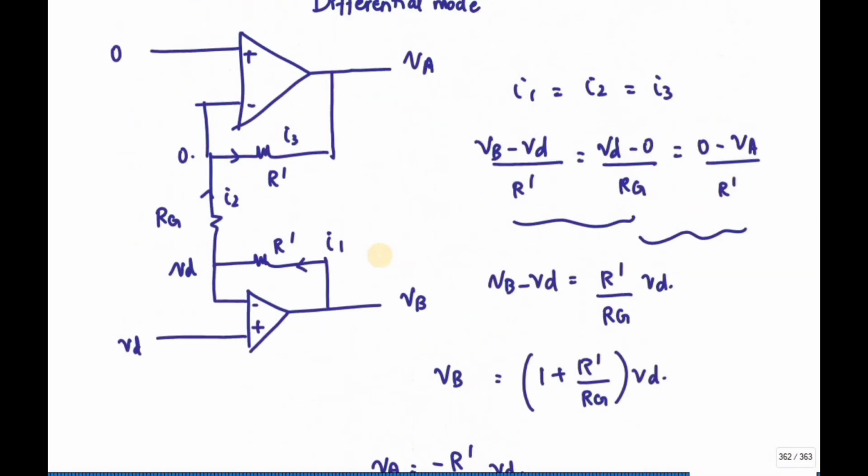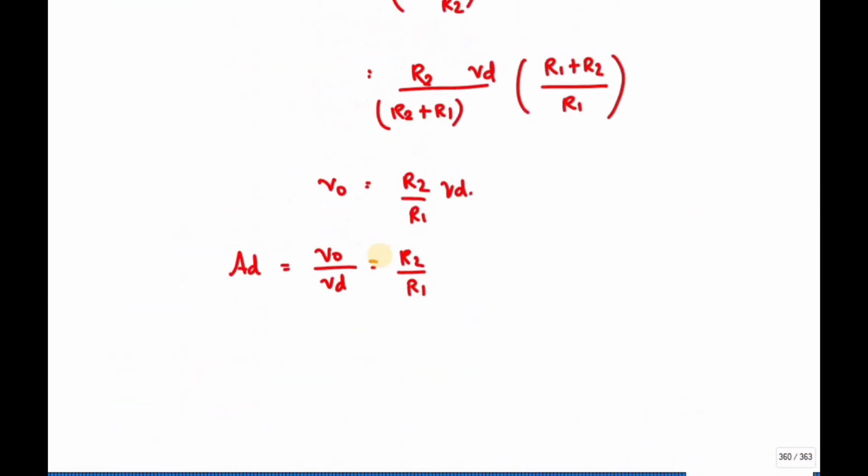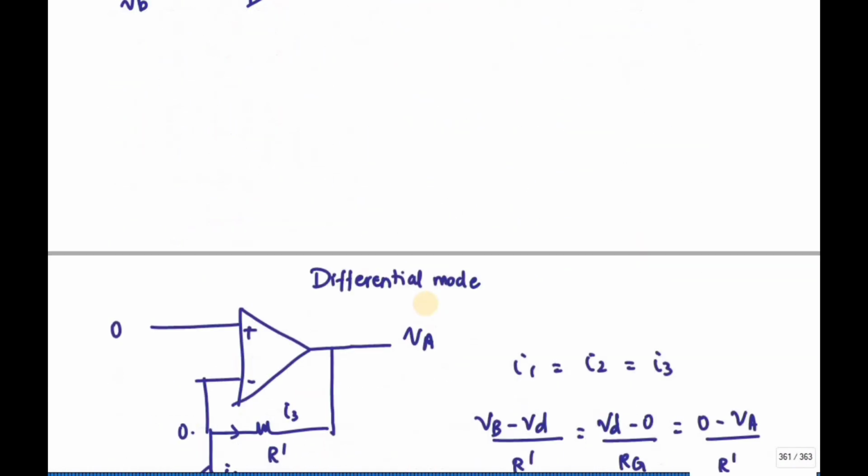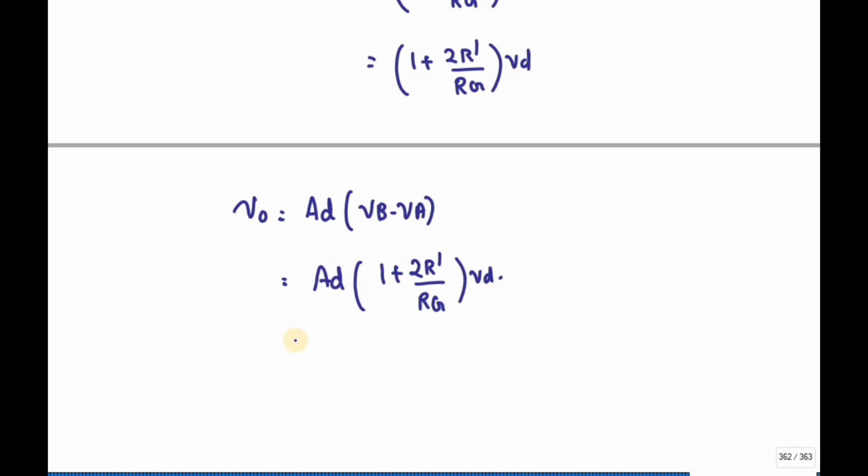AD in the first stage is R2 by R1, right? So I now substitute here: R2 by R1 into 1 plus 2R dash divided by RG into VD.